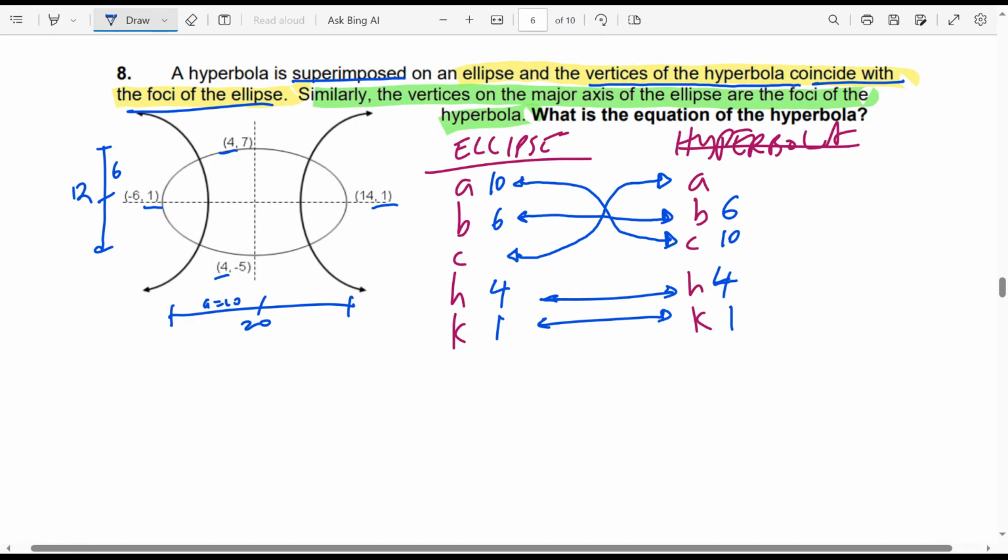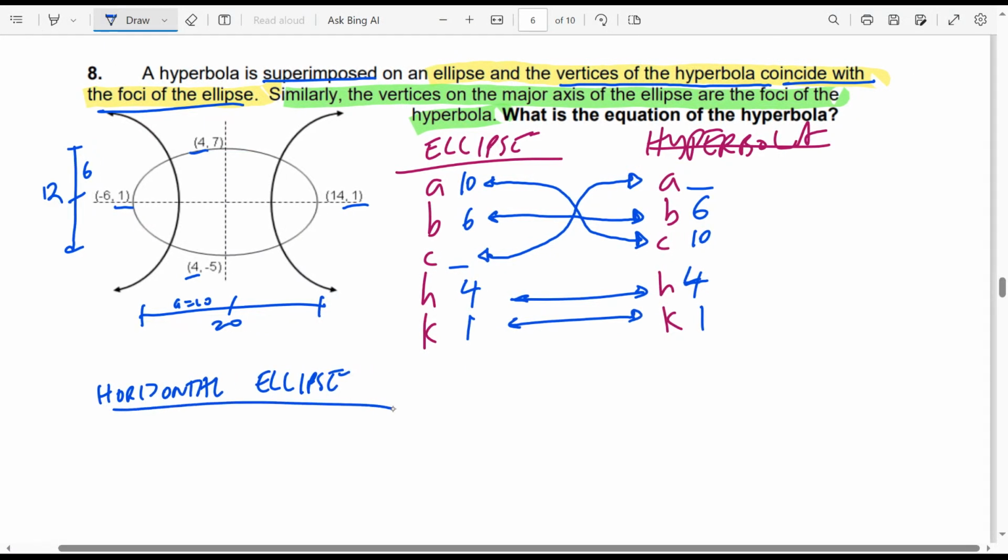Now, the last part of this guy was, let's find the value of C for the ellipse so I can get the A of the hyperbola. Well, this is a horizontal ellipse, meaning I am going to be using A squared is equal to B squared plus C squared.